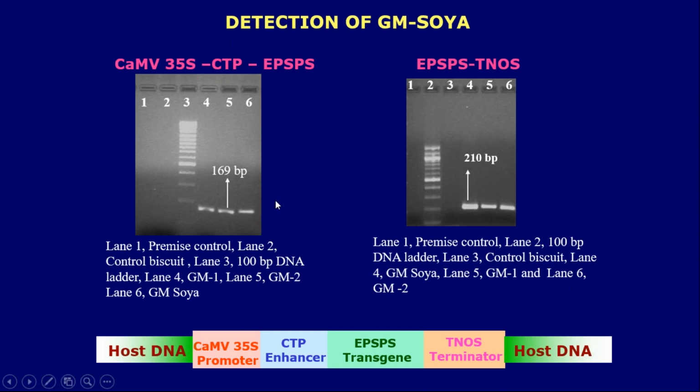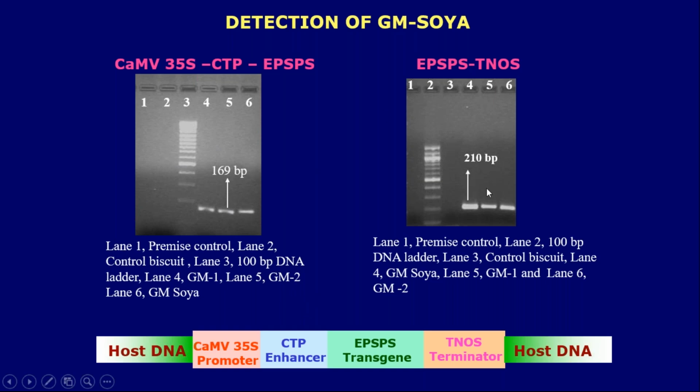When using DNA-based testing, these controls are very important so that you do not have any false positives or false negatives. So you need to have a positive which contains that DNA sequence and a negative which does not contain that DNA sequence.